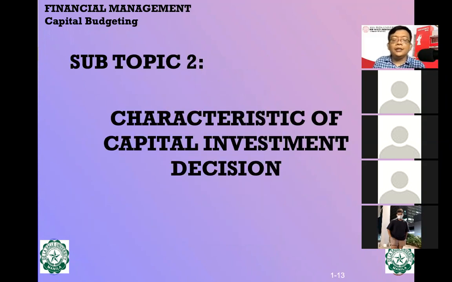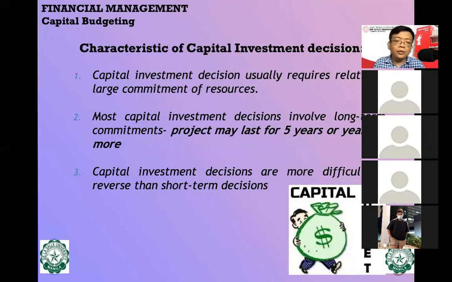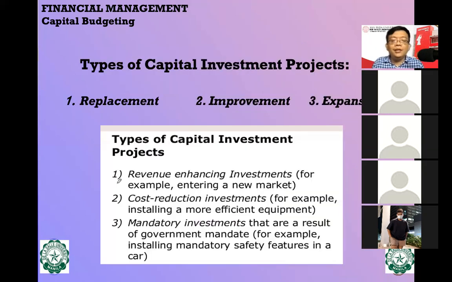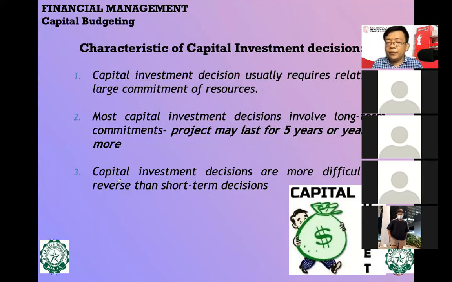What are the characteristics of a capital investment decision? Large commitment of resources, meaning long-term, and maybe difficult to reverse. I repeat it on purpose on the board, so that in the board exam you will remember me.